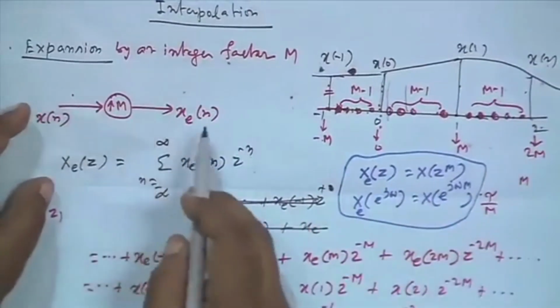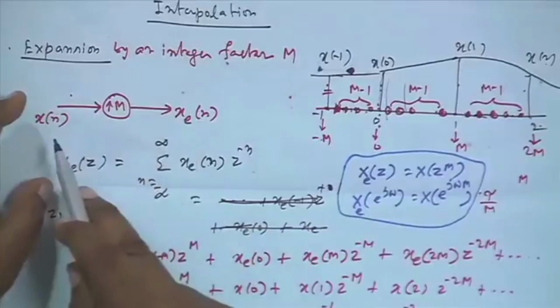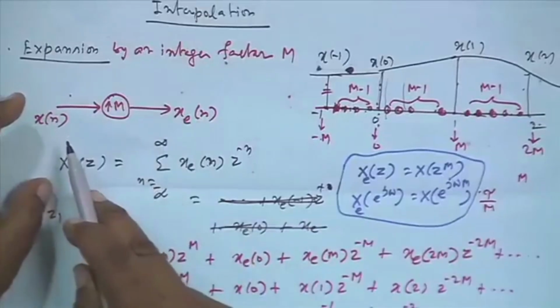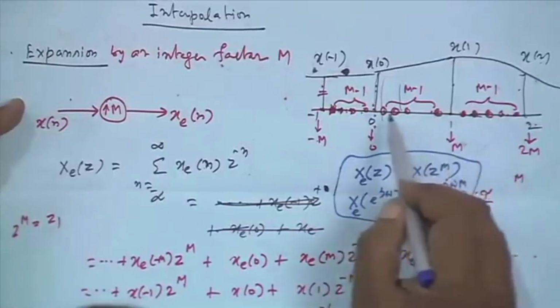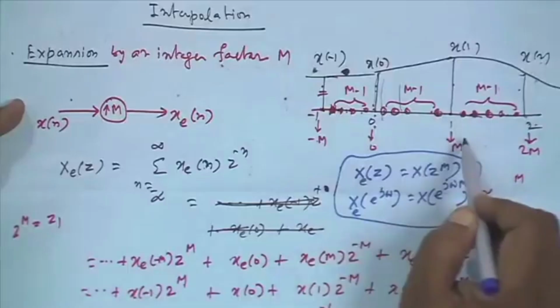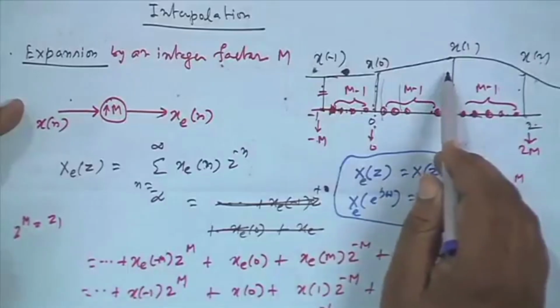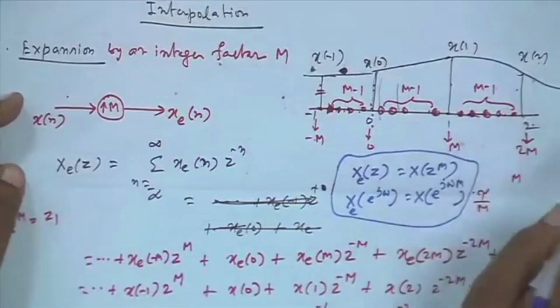So, for this sequence, this is called expansion, xe[n] from x[n]. Okay, xe[1] is 0, xe[2] is 0, xe[3] is 0, up to m minus 1 is 0, xe[m] is x[1], xe[2m] is x[2], dot dot dot.